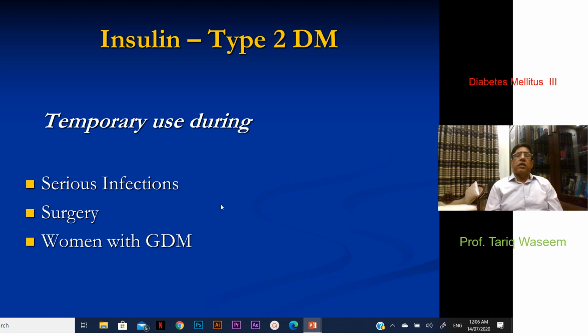So in that case, insulin may be considered for temporary use, and sometimes it may be used continuously even in patients with type 2 diabetes mellitus.